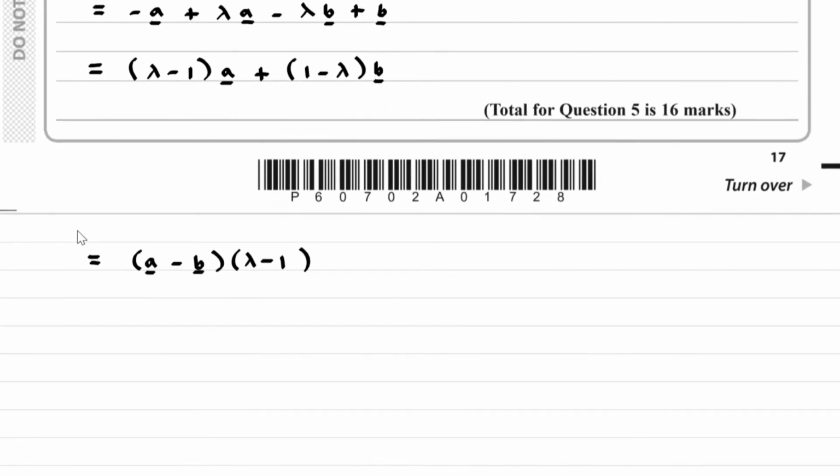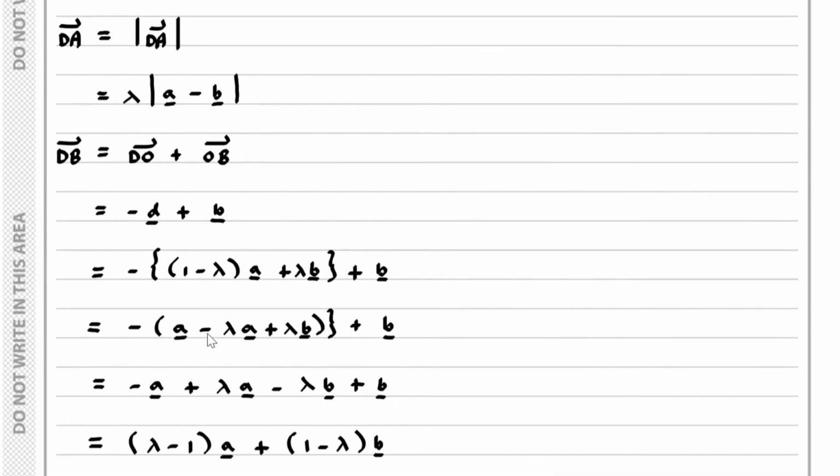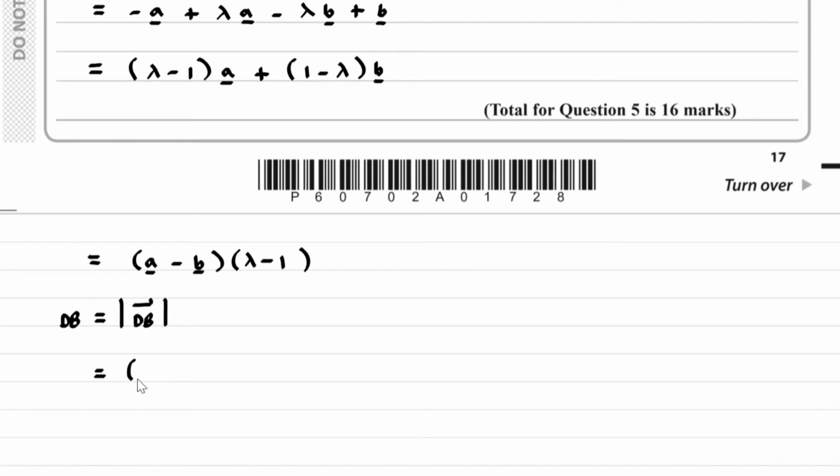So what we can conclude from that is dB, the magnitude of the vector dB, is the magnitude of this result here, which is lambda minus 1 times the magnitude of a minus b.